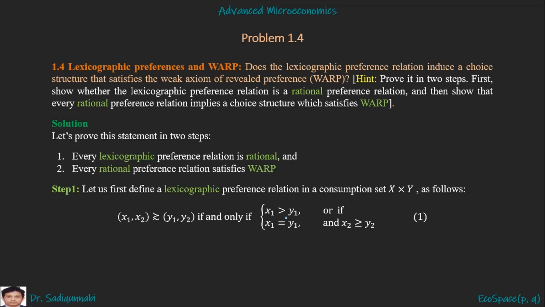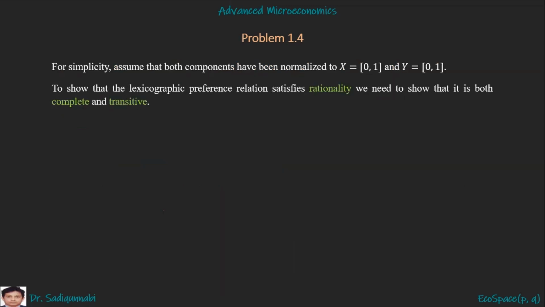This is the definition of the lexicographic preference relation. To show that this preference relation satisfies rationality, we need to show that it is both complete and transitive.